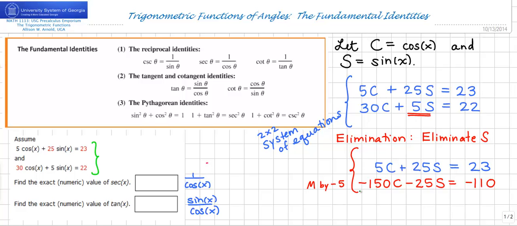Okay, so let's add these two equations together. And here we would have negative 145 times c plus 0 equals negative 87.